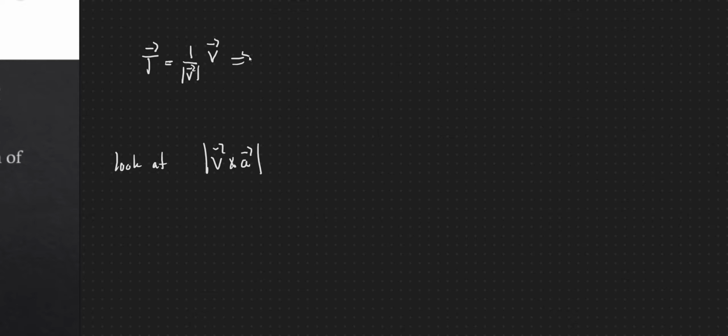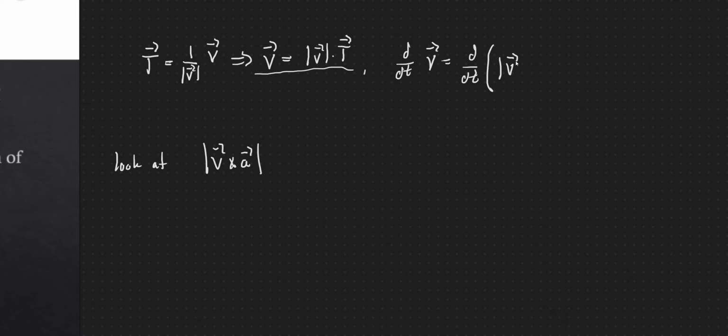What that tells me then is v, my velocity vector, is the magnitude of velocity times my unit tangent vector. So that's velocity. If I now take a derivative with respect to time of both of these, v equals the derivative with respect to time of this scalar function, right?